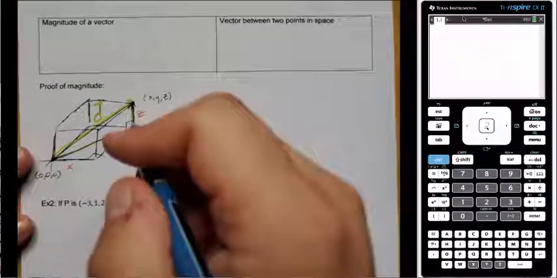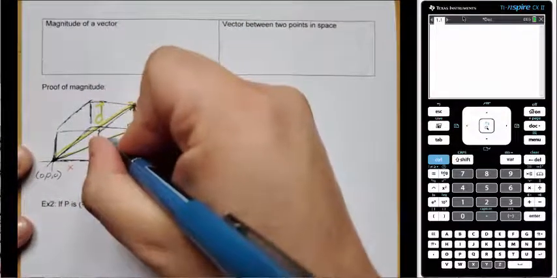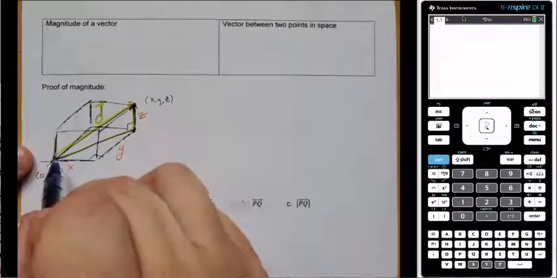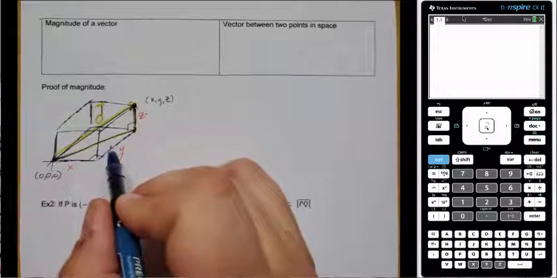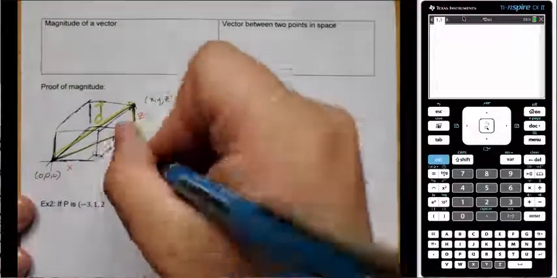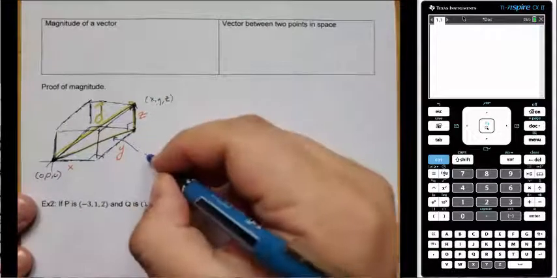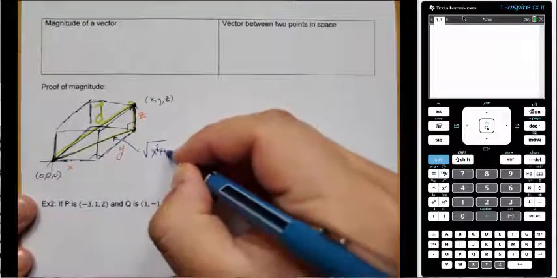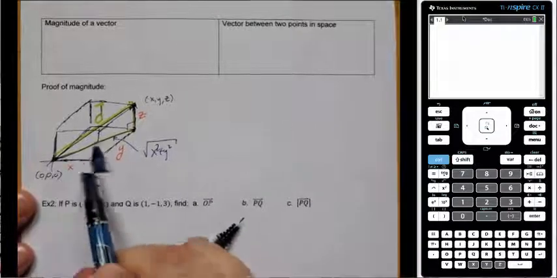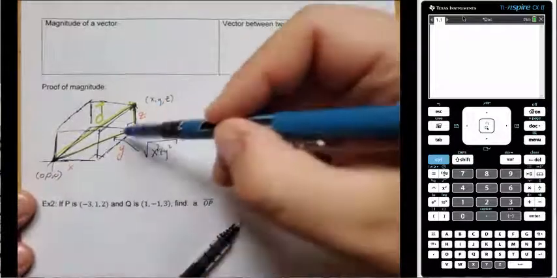I'm going to find this, what's called this projection, or this length that's on the bottom here. In order to find this blue length, and I don't have a good symbol for this, I want to find this length here. And I think by the Pythagorean theorem, that length is the square root of x squared plus y squared. This length is one side of a right triangle.